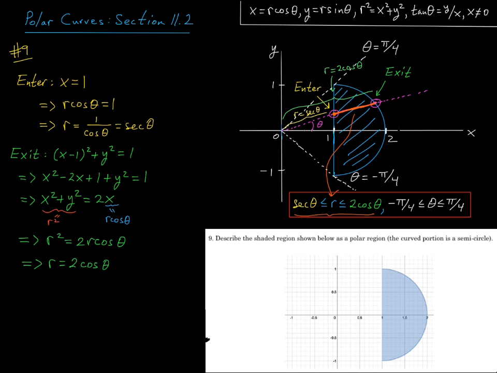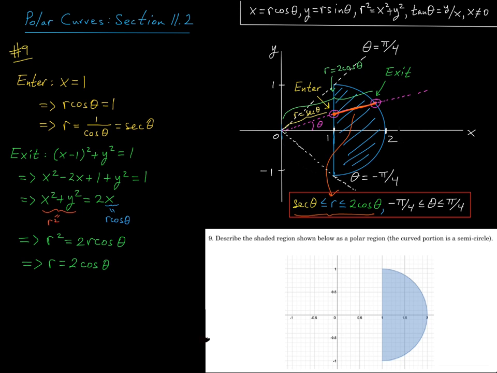And notice we have this right triangle right here, and the distance from the origin to the center of the circle is 1, and the distance from the center of the circle out to this lower corner is also 1, because that's just the radius of the circle. Since these two sides are the same, these angles are both 45 degrees, and so theta here is negative pi over 4. And likewise up here, theta is pi over 4.